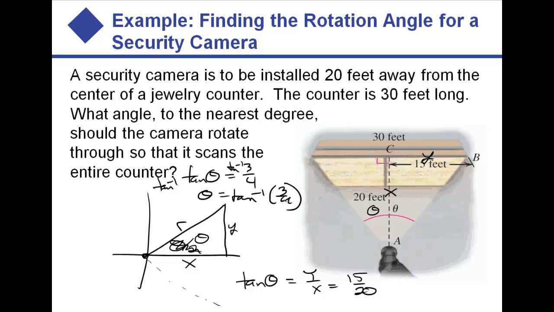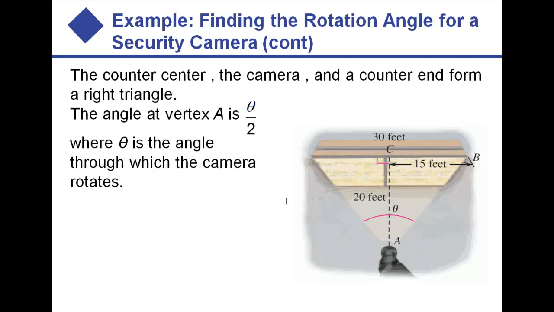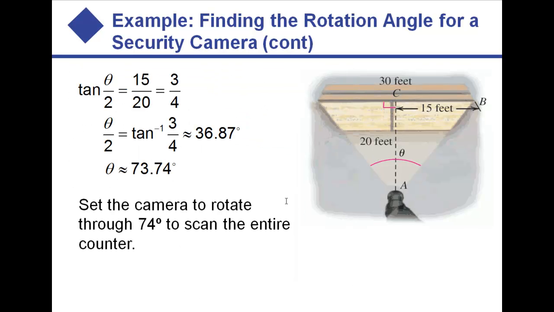Plug tangent inverse of 3/4 into your calculator, and blammo, you get 36.87. And remember, that was just this piece. The other piece is the same, so you double it, and there's the angle. You need to set your camera to basically go through a 74-degree angle, and it'll cover the whole counter. That's it, guys.